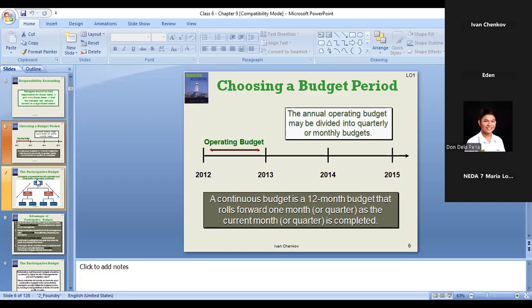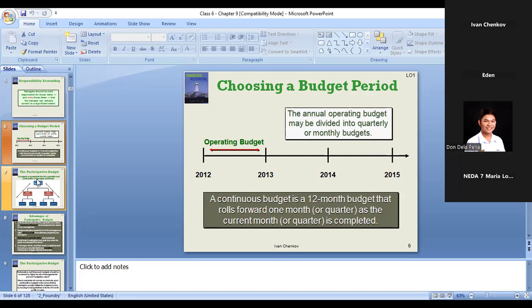But once we go with our operating budget for the first 12 months of the operation, there are different formats. One format is called a rolling budget. Now, what will a rolling budget be? No matter which month we are in, we're always going to have 12 months ahead.